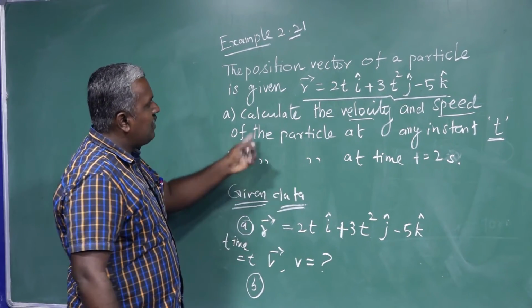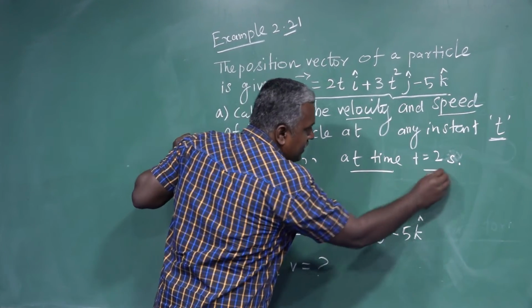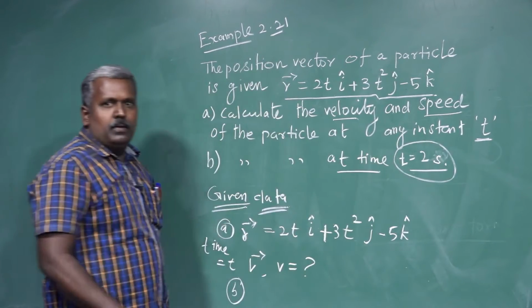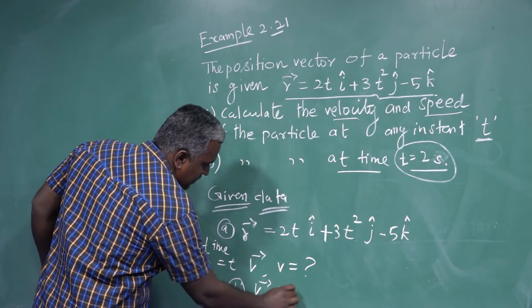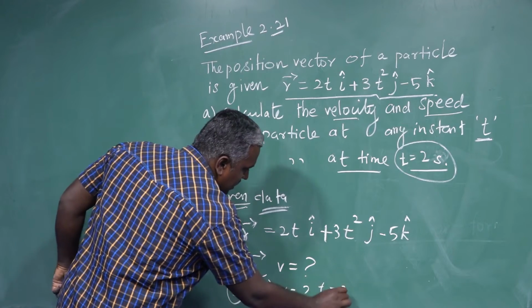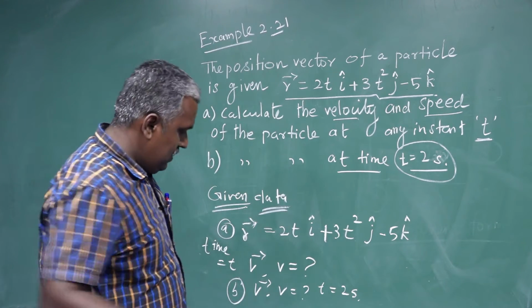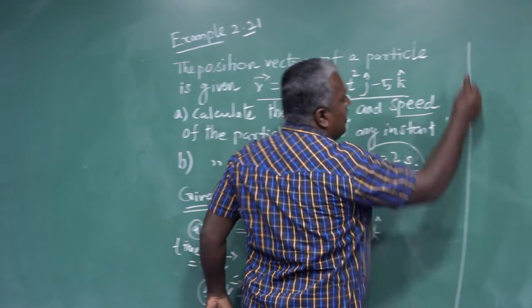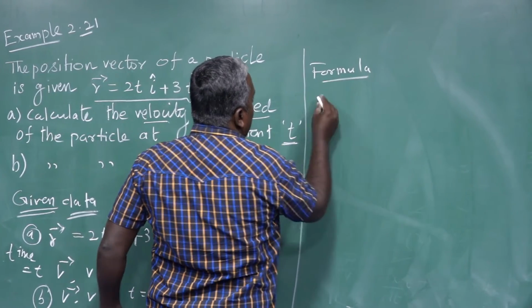Calculate the velocity and speed of the particle at time t equal to 2 seconds. So, velocity at t equal to 2 seconds. Okay, what is the formula?